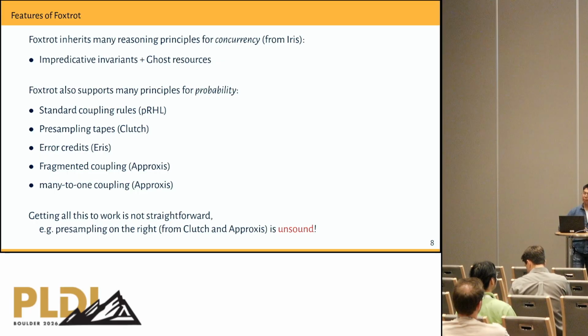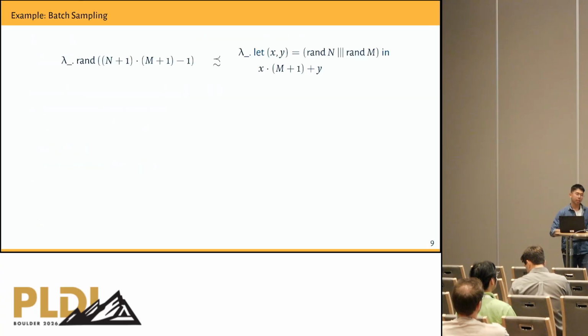Let us take a step back and revisit the example I presented at the beginning. Let's prove one direction of the refinement, and I also generalized the sampling from ran 1 to some arbitrary n and m for both threads.